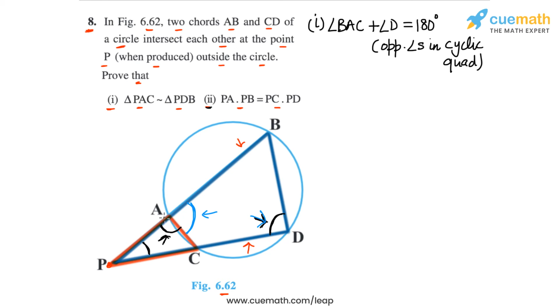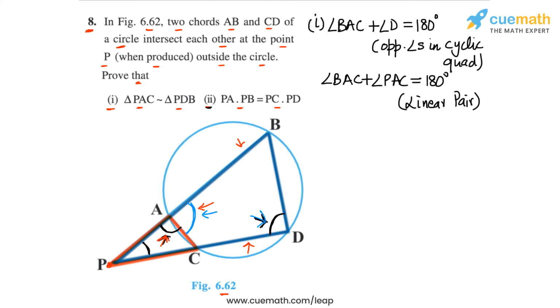Then we also note that angle BAC plus angle PAC is 180 degrees as well, because these two angles form a linear pair of angles.